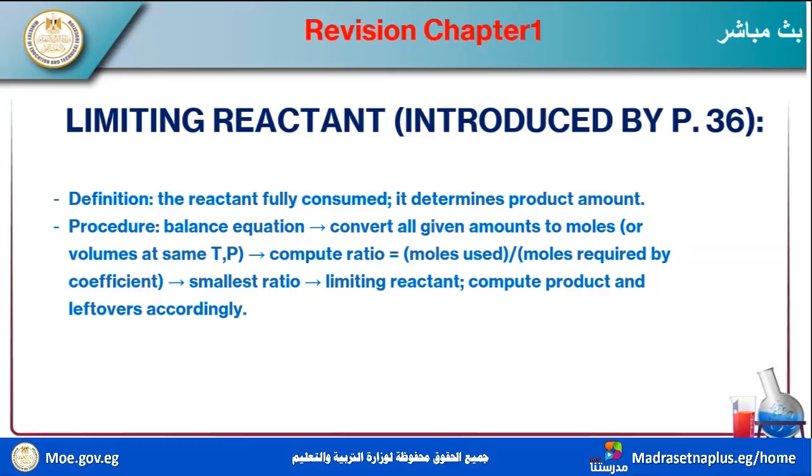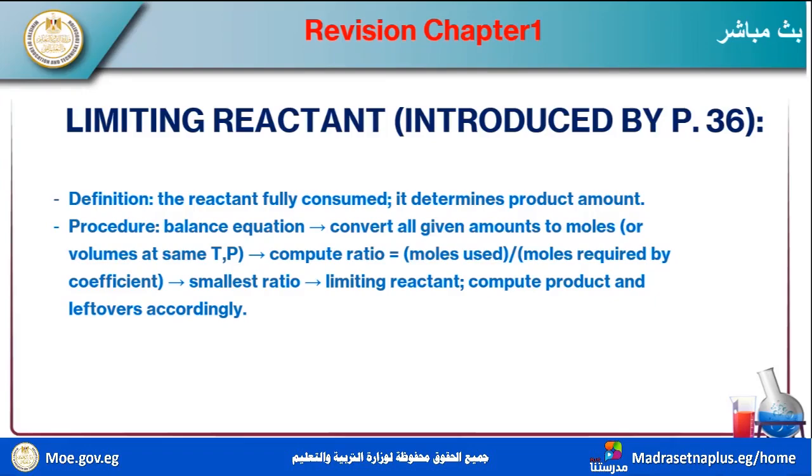Write the equation: carbon plus oxygen equals carbon dioxide. 1 mole of carbon needs 1 mole of oxygen. Now I have only half a mole of carbon, so all of it will be consumed and nothing remains of it. We can obtain half a mole of carbon dioxide.